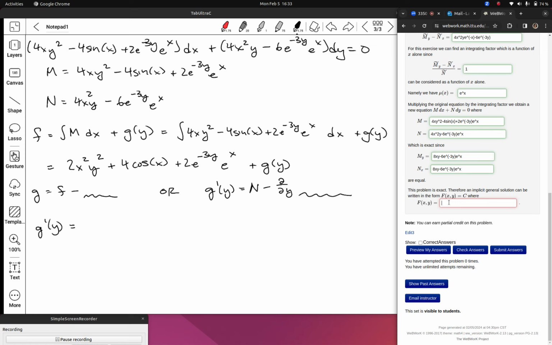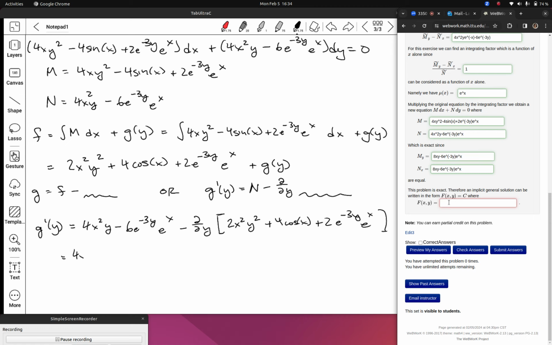So my N was 4x squared y minus 6e to minus 3y e to x. And then I want to subtract the partial derivative with respect to y of that quantity I just integrated: 2x squared y squared plus 4 cosine of x plus 2e to minus 3y e to x.